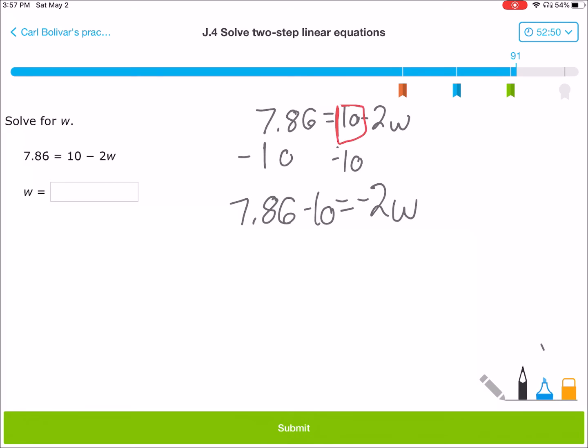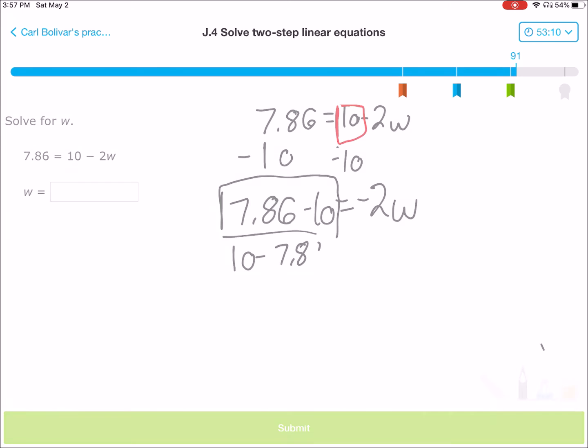Now, we have this over here, right? I don't know how to take this over here and simplify it, right? Because it's negative. So what I'm going to do is find the difference between the numbers. So I'm going to do 10 minus 7.86.